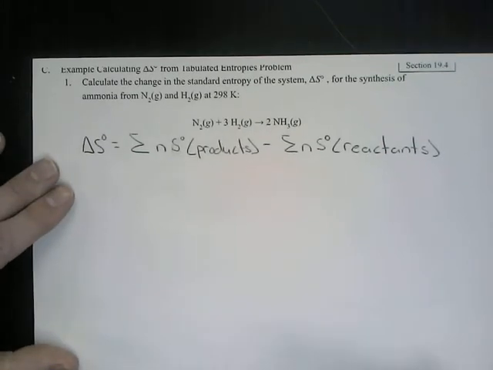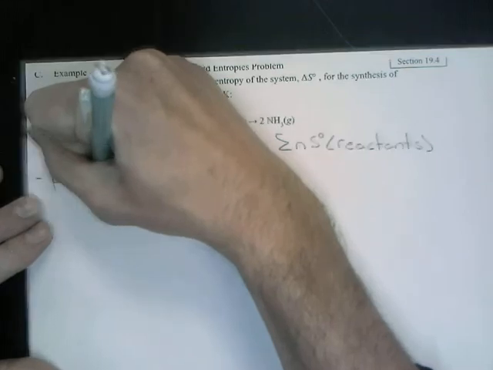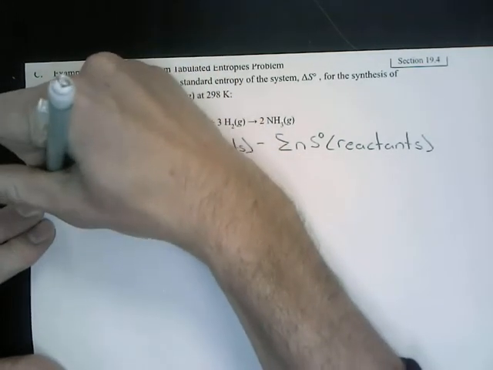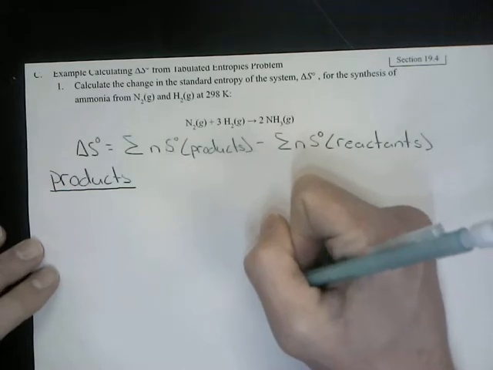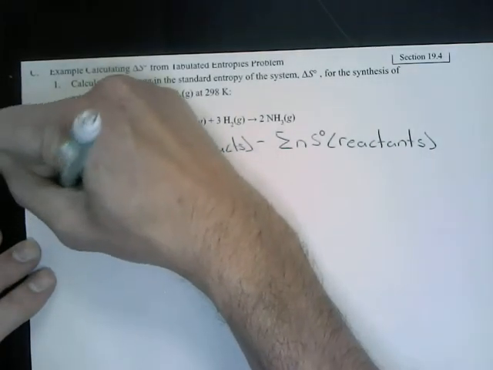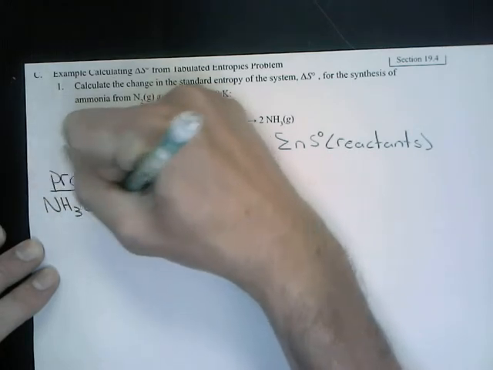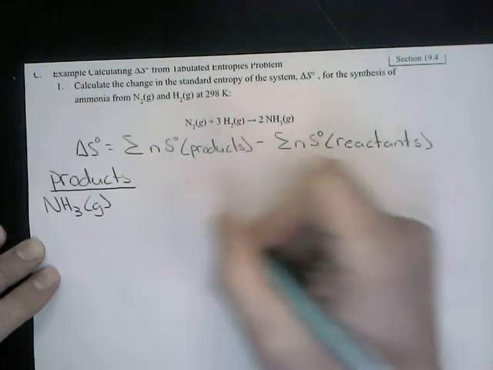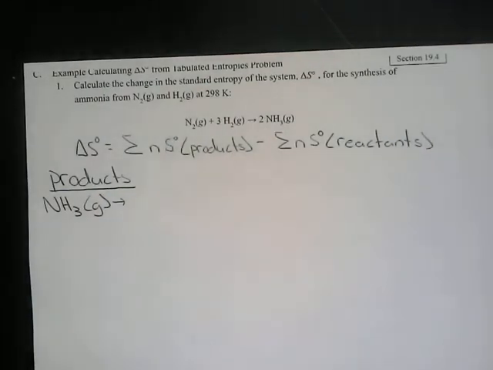And while I do that, I want to be able to identify that standard molar entropy found in our table. Lucky for us, we only have one product, which is NH3 as a gas. Remember, states of matter, because we're going to find some of these substances in different states, and we need to know which one we need to write down.